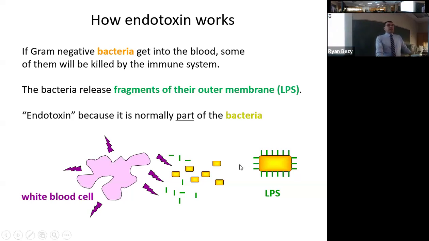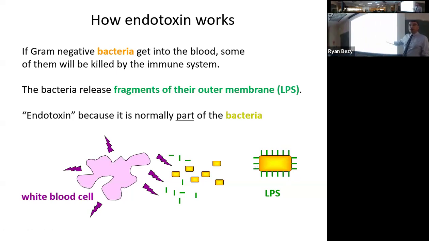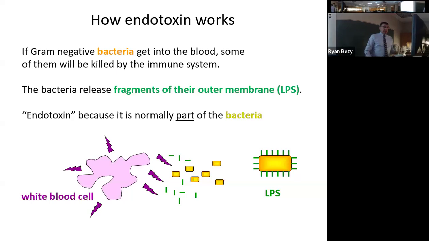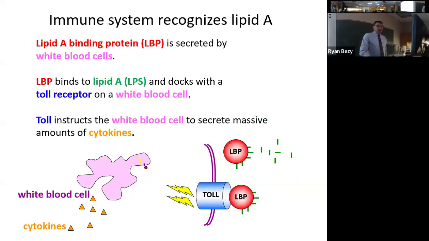So say you have a bacteria, and this is a gram-negative bacteria. We know it's gram-negative because it has these lipopolysaccharides as part of its outer membrane. What we have is a monitoring system for those lipopolysaccharides, and it's actually a system called lipid A binding protein. This lipid A binding protein is a host cell protein.